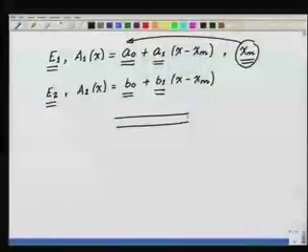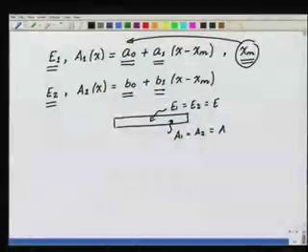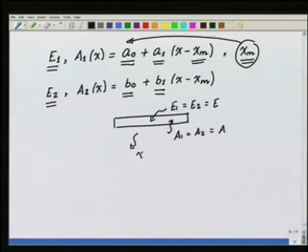Now, in case I want only a single material domain, for example, I take this bar, for which my E1 is equal to E2 is equal to E, and A1 is equal to A2 is equal to A. It could be tapered, but the taper is not changing. So in that case, what will we do? We will make Xm equal to X1.